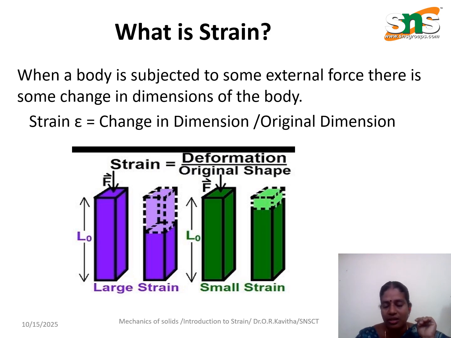Here, for the same amount of applied load, the deformation is less. So if you apply the load and the deformation is more, you can tell that the material is not good. Therefore you have to understand the purpose of where we are using the material. If the deformation is more, you can say that the material is not good.